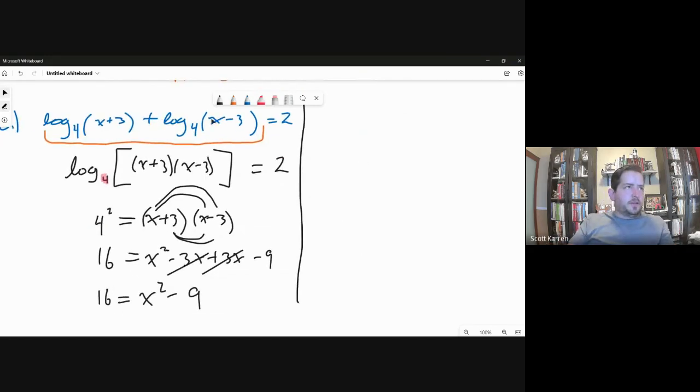And so here I'm going to subtract 16 from both sides. There's a couple of ways that you could do this, but here we go with this one: x squared minus 25. And then, of course, x squared minus 25 can factor to x plus 5 and x minus 5.